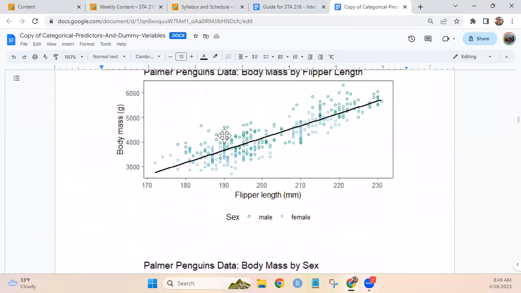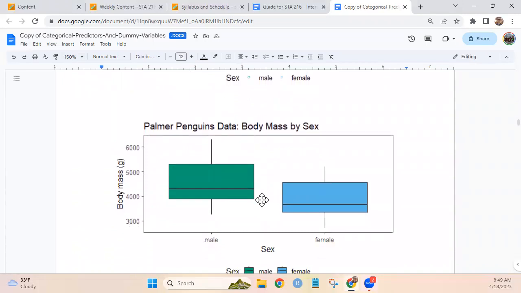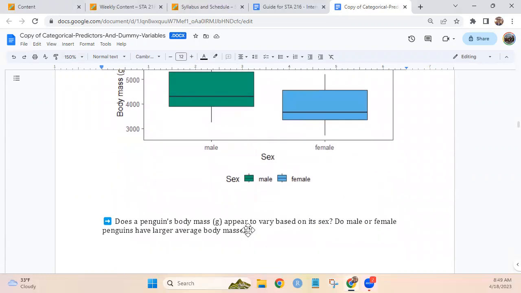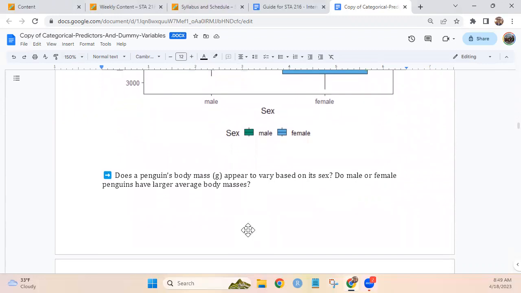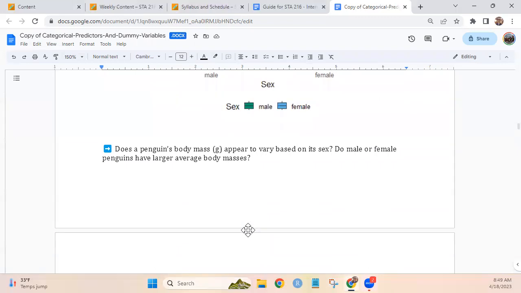Right here we see, for example, that there are differences based on species. We can also look at the sex of the penguin. There's definitely differences in the average or typical body mass between male and female penguins here.